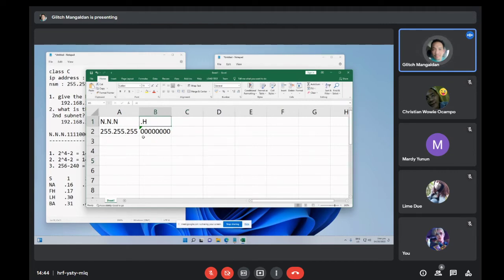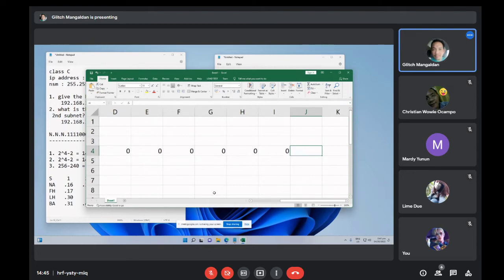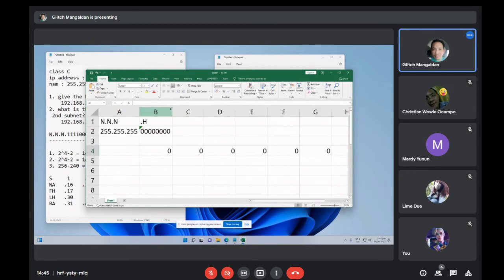So, sa Class C, ganito yung itsura niya. Ngayon, remember, yung walong zero na to, parang ganito yan. 1, 2, 3, 4, 5, 6, 7, 8. Okay, bilangin lang natin.